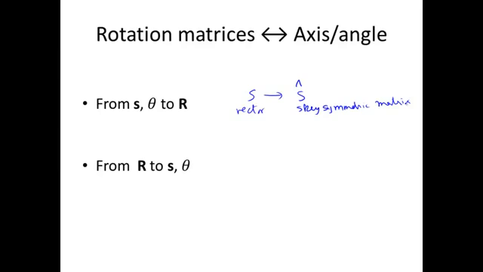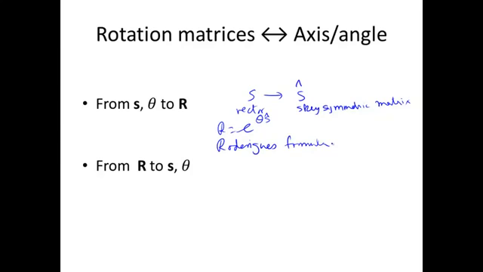And then we can do just this exponential, and that gives me R. Now this can be simplified further, and that is Rodrigues formula. So that's how we can go from an axis and amount of rotation to the matrix R.